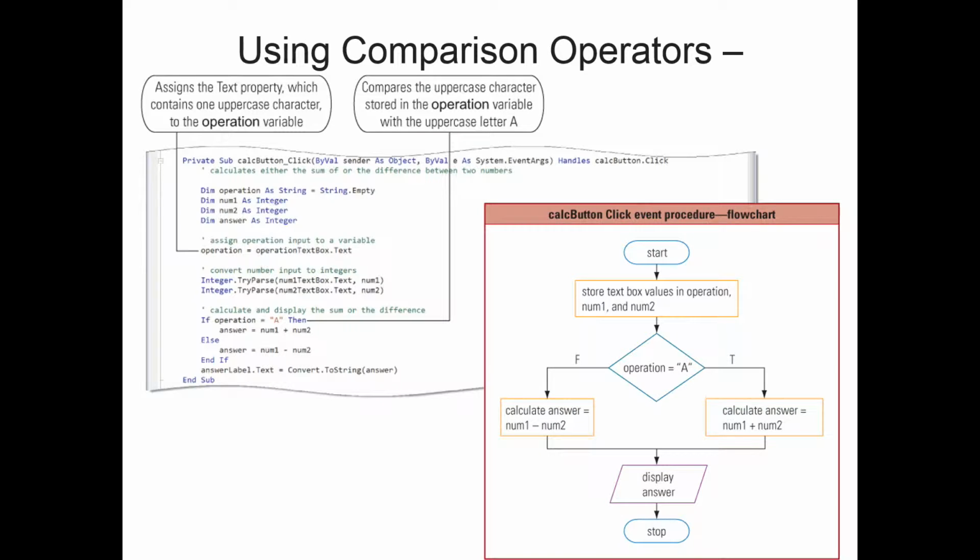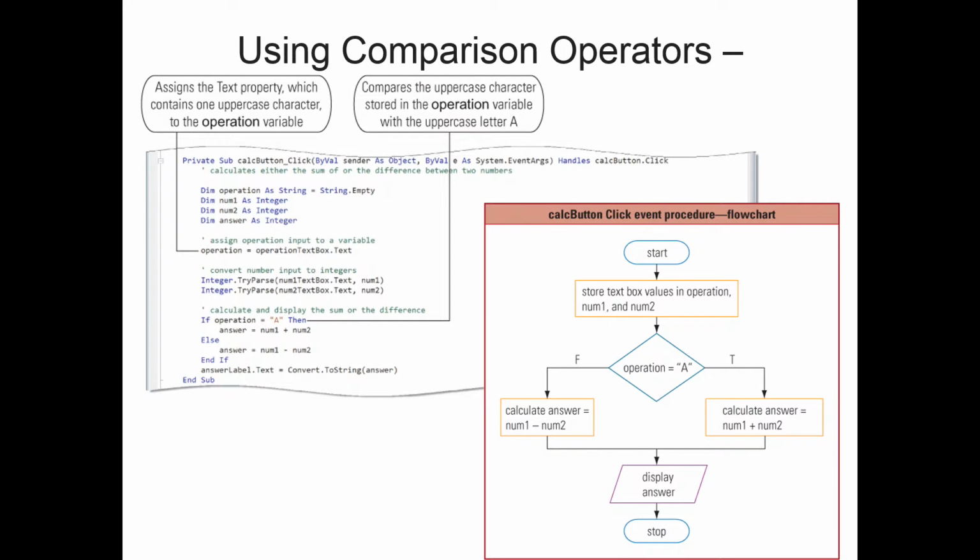So here's the block of code and also the flow diagram for it. Basically, we have to declare a string called operation, with it being empty at first.